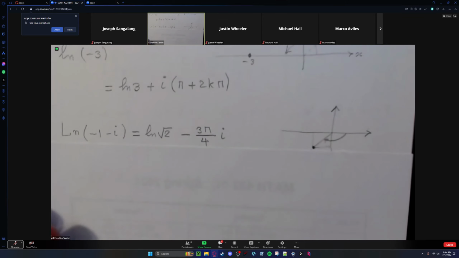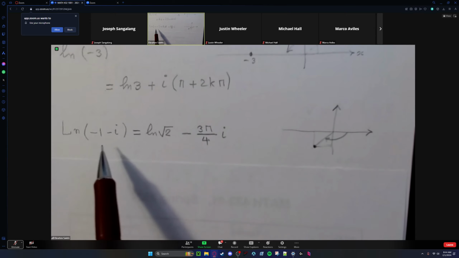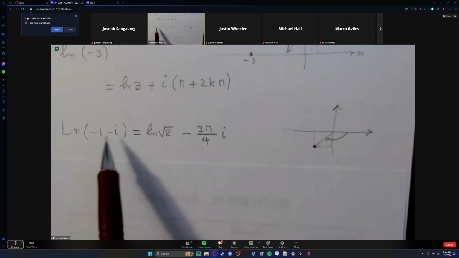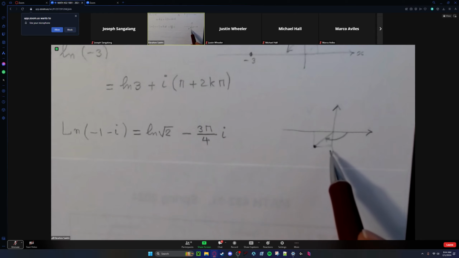Oh, here is another example. Why not? Because in your next test, I'm going to ask you to find the logarithm of certain quantities, certain complex numbers. It's good to be good at it. So -1 - i. Well, please note, I am talking about the principal argument, logarithm, uppercase L. So here is -1 - i.